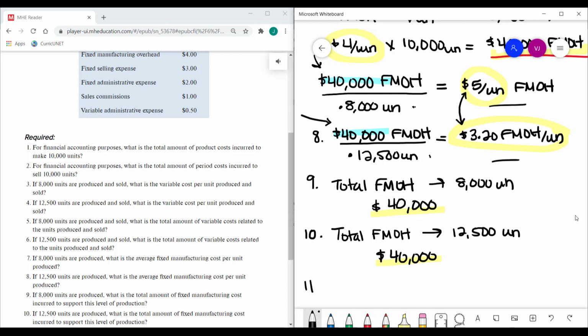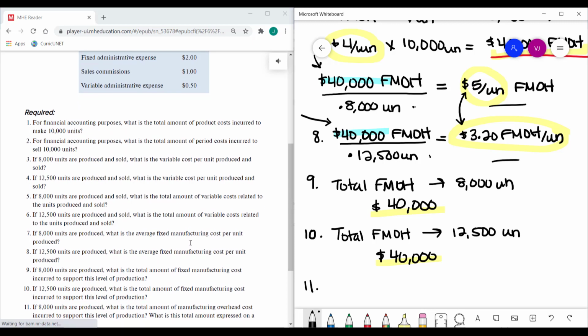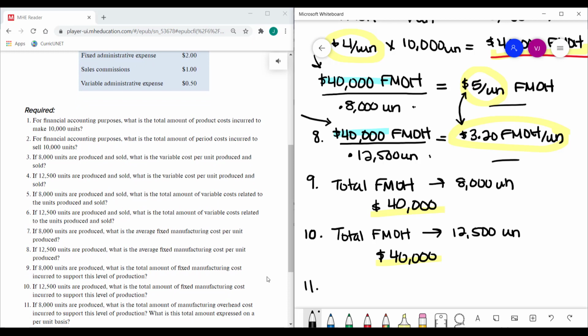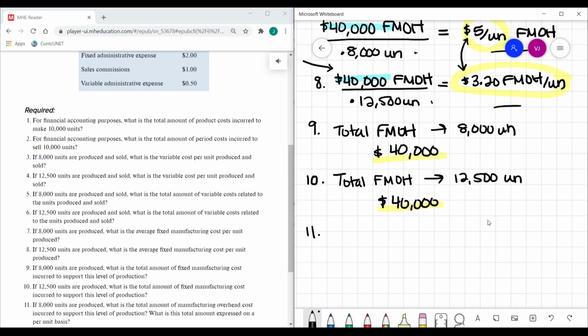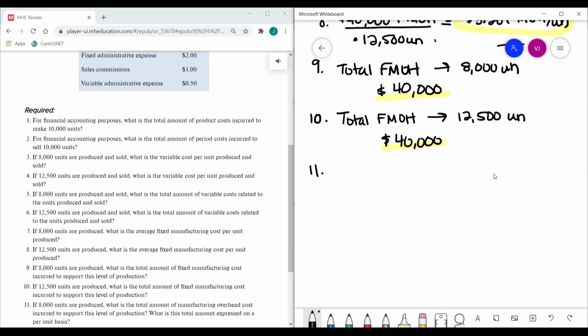Okay, on to number 11. If 8,000 units are produced, what is the total amount of manufacturing overhead cost incurred to support this level of production? What is this total amount expressed on a per unit basis? On the surface, it might look like they're asking the same question, but they're actually not. We want to look carefully at what's being asked. It says, if 8,000 units are produced, what is the total amount of manufacturing overhead cost?